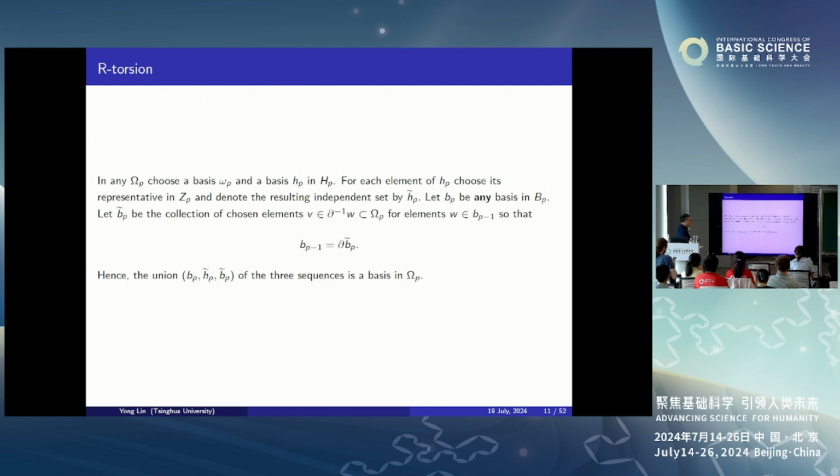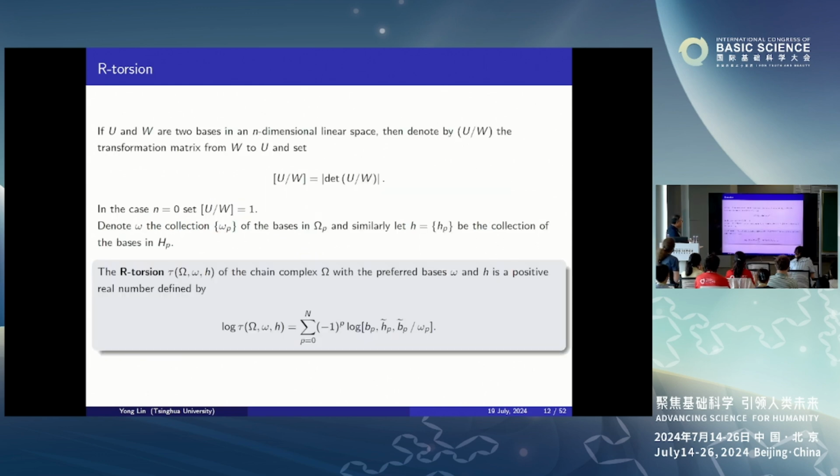Then you can check from linear algebra that this is a base in the omega p. We use this notation: given U and W as two bases of an n-dimensional linear space, we denote the absolute value of the determinant of the transformation matrix from W to U.